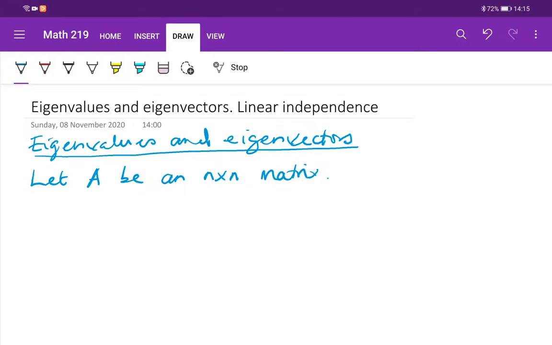Okay, so then the map X goes to AX, for X a vector in Rn. So X is going to be an n by 1 column vector.